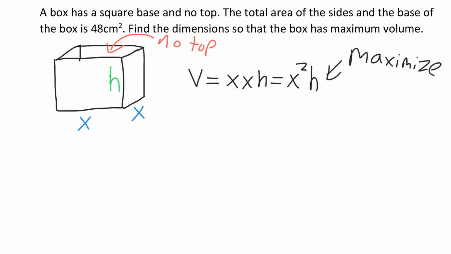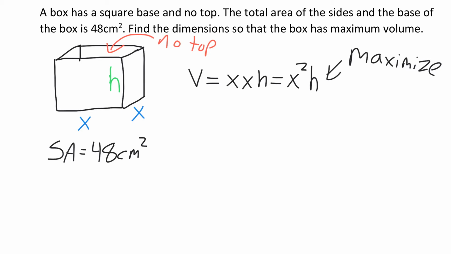So we need to introduce some more equations based on what we've been told, and we know that the total area has to add up to 48 centimeters squared. So the surface area has to add up to 48 centimeters squared. Now, do we have a formula for surface area?